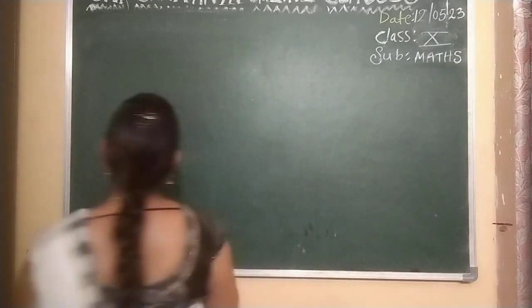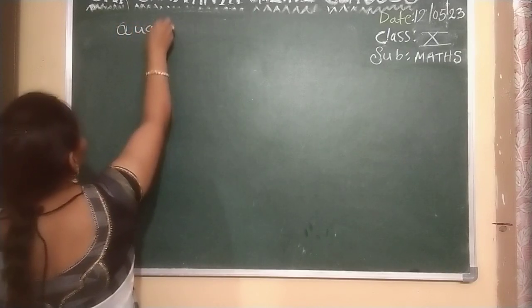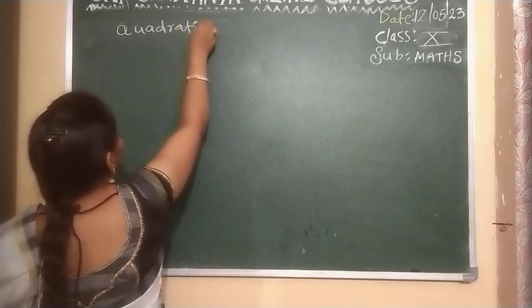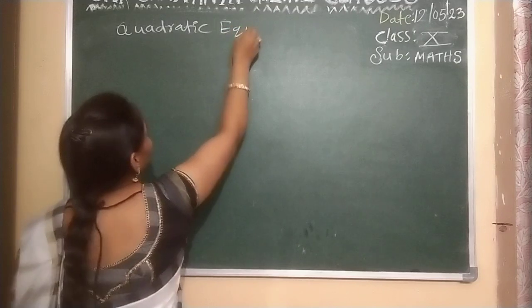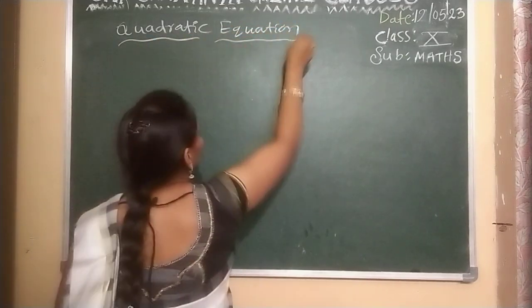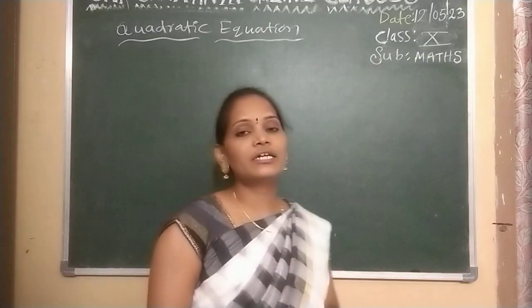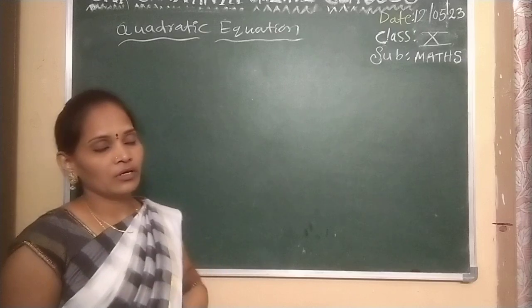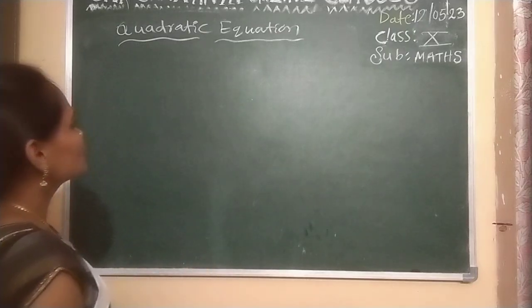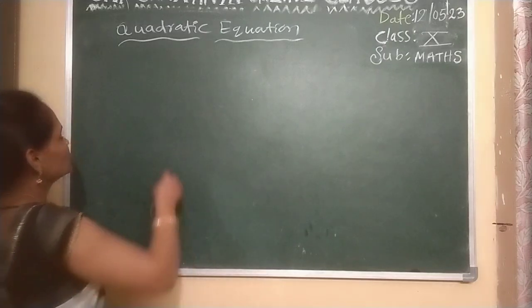Quadratic equation. First, let us see the definition of a quadratic equation. The definition is an equation in the form of ax square plus bx plus c is equal to 0.